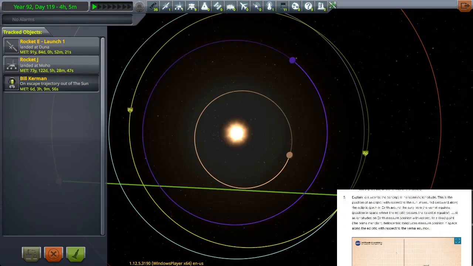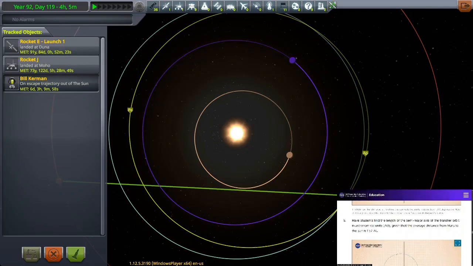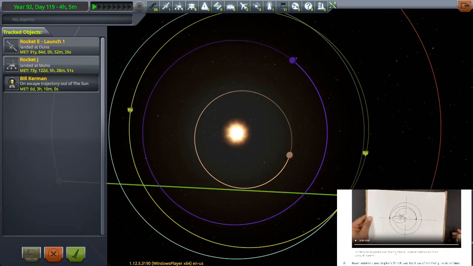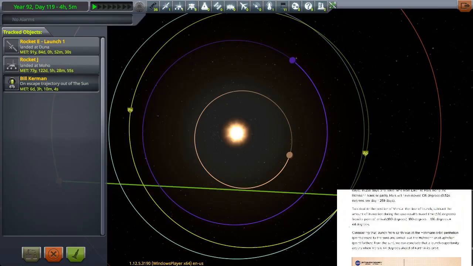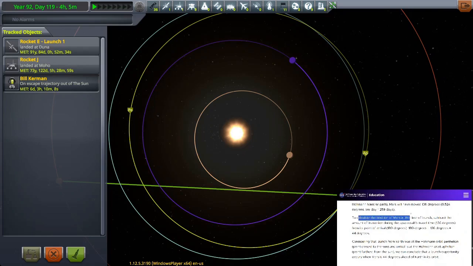Right, so let me go down here. Yeah, so this article calculated that the position of Mars at the time of launch relative to Earth is 44 degrees ahead of Earth, right?